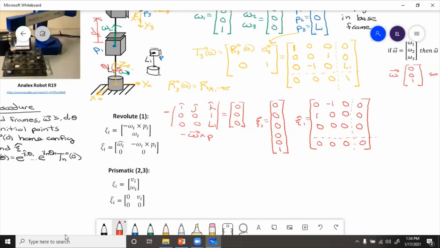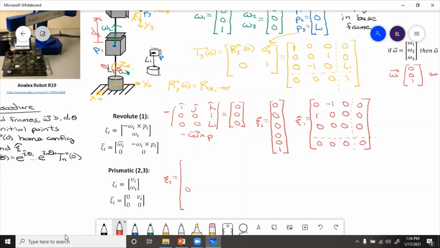Now for the prismatic joints, that's 2 and 3. Psi is just going to be that velocity vector, linear, angular. And then psi hat is going to be mostly zeros with the velocity vector. So to do psi 2, then we have V in the top, omega in the bottom.